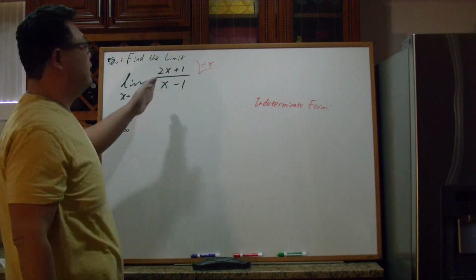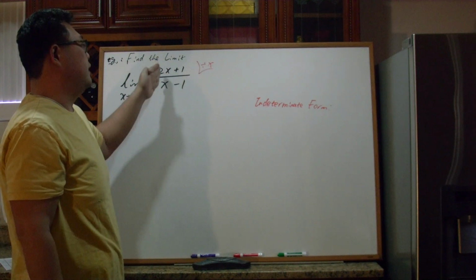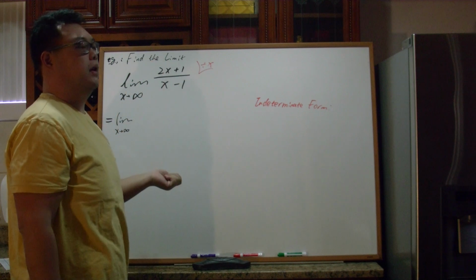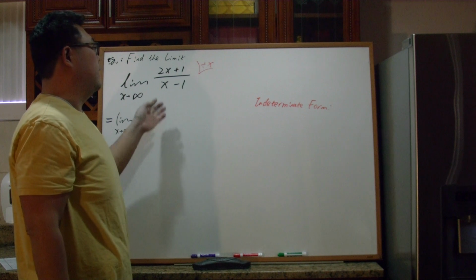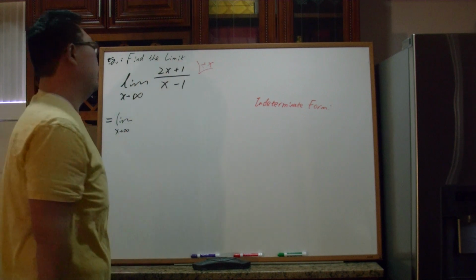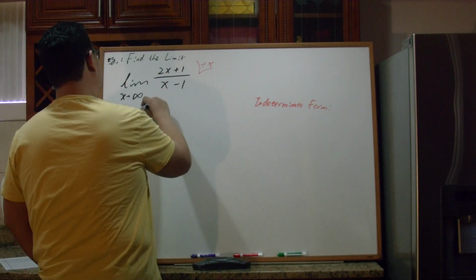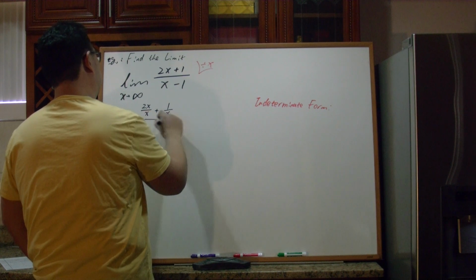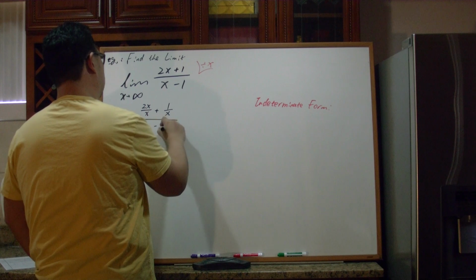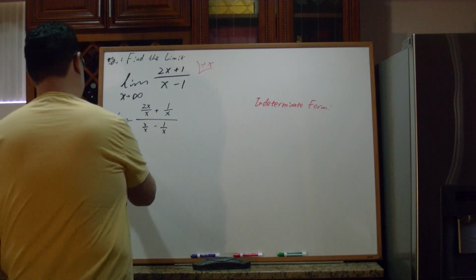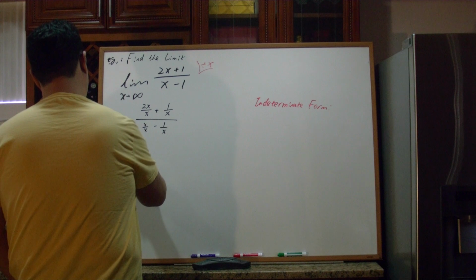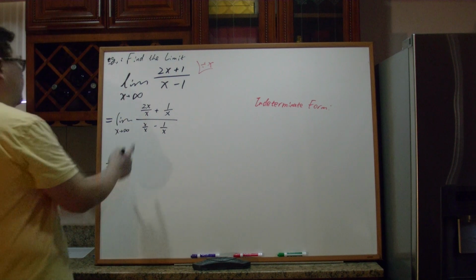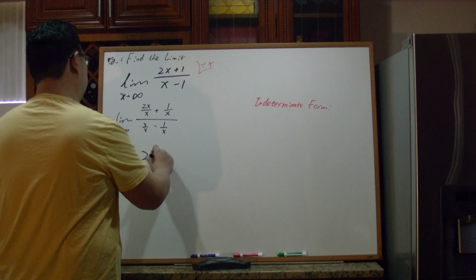Because x is the leading term, or the greatest term, in our numerator and denominator. What we try to do is divide by the leading term overall. So we get the numerator 2x over x, 1 over x, and x over x, 1 over x. We do not evaluate the limit yet, so we keep that expression. We do the division anyway.